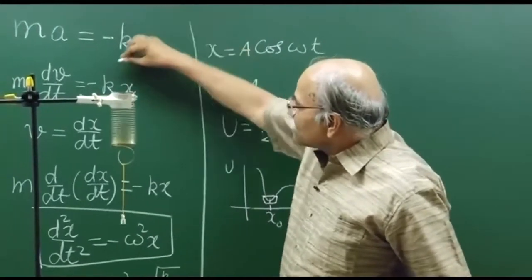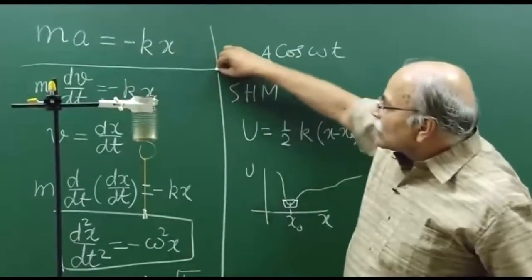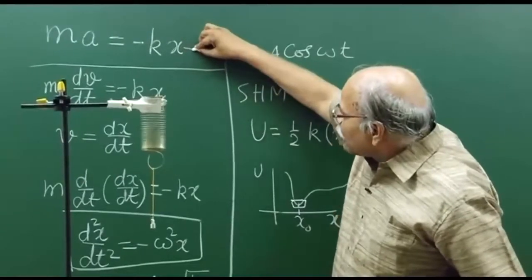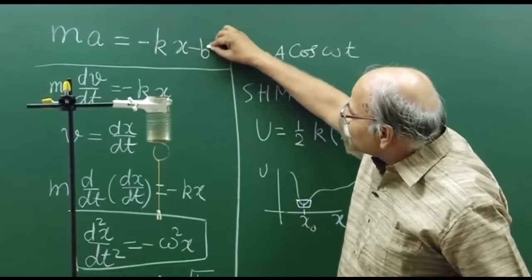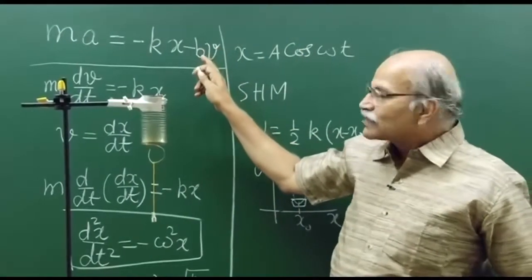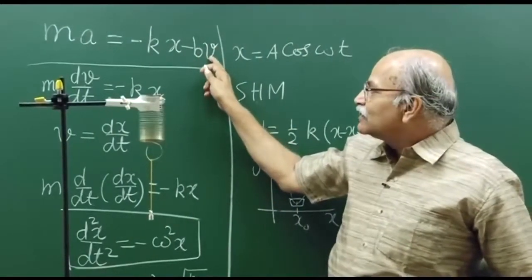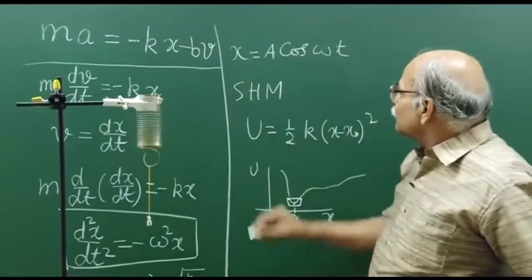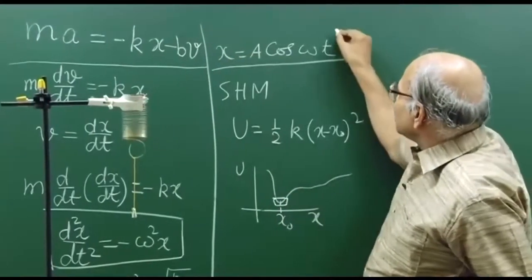What kind of dissipative forces will we be adding? One is that you add a term minus some constant times velocity. Quite often this resistive force is proportional to velocity. If you add that, then this changes.